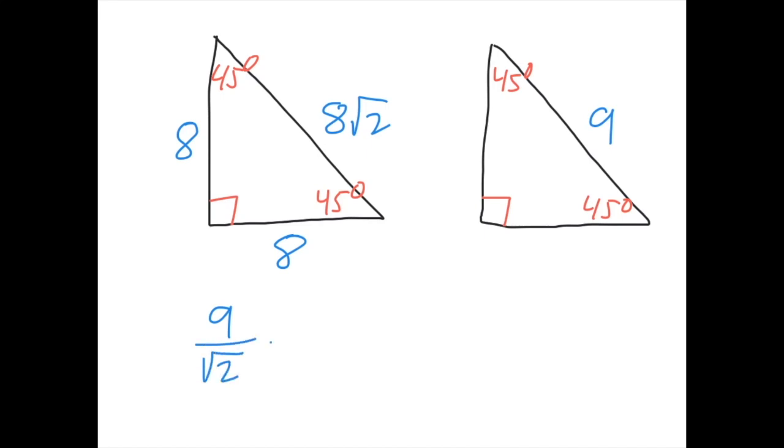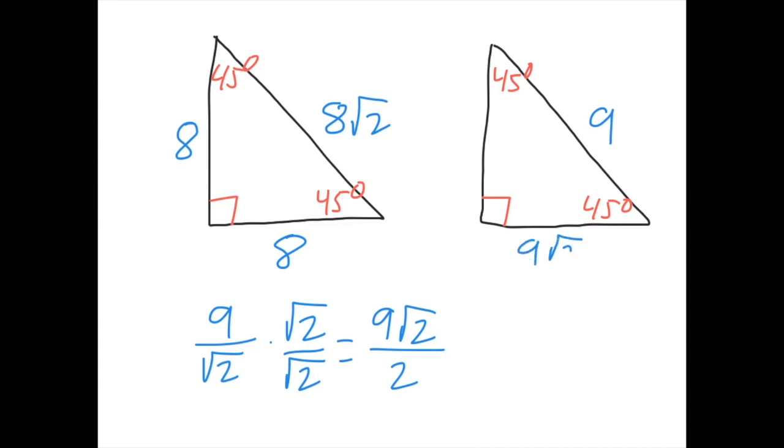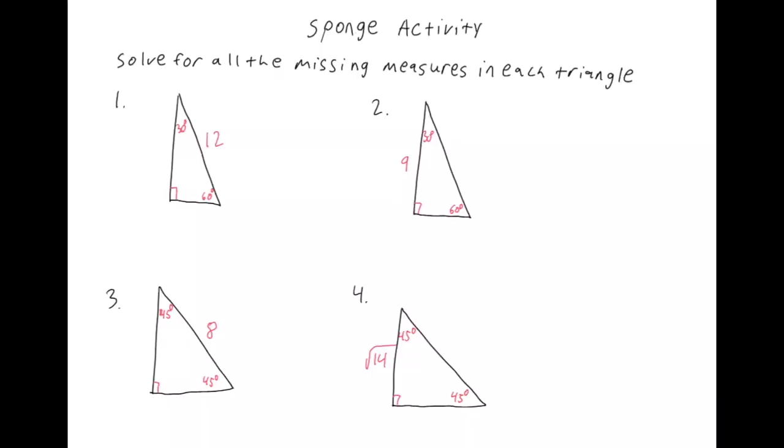So multiply the top and the bottom by the square root of 2. And that will give you 9 square root of 2 over square root of 4, or 2. So 9 square root of 2 over 2, and same for the other leg. 9 square root of 2 over 2.